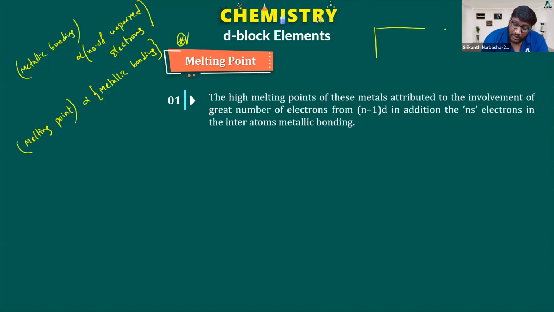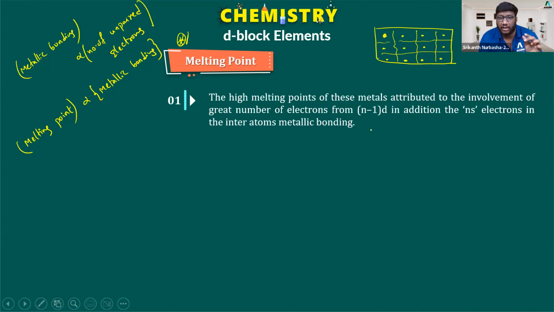So we have a metal, students. In that metal, we have different crystal lattice sites. At all the crystal lattice sites, we have metal ions, and you have free electrons moving throughout the metal. Metallic bonding means what? The electrostatic force of attraction between the metal kernel and all the free electrons.